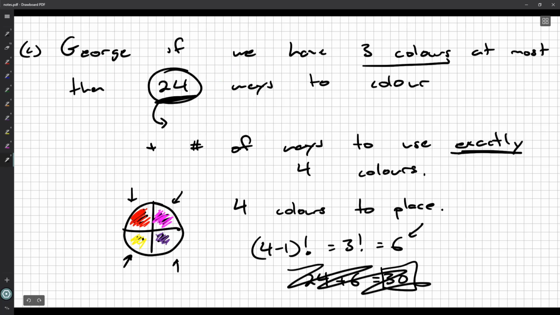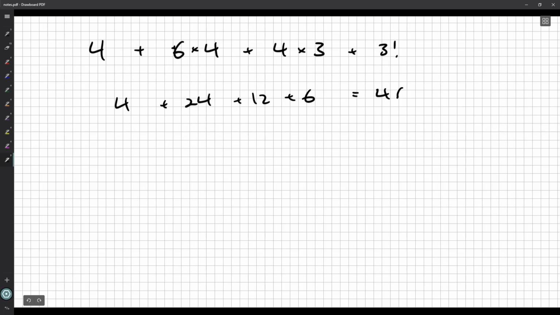Okay, so George is the right idea, but we don't want to use exactly the number of ways George did things. So 4 plus 6 times 4 plus 4 times 3 plus our 3 factorial. 4 plus 24 plus 12 plus 6. And we see we get 46 ways.